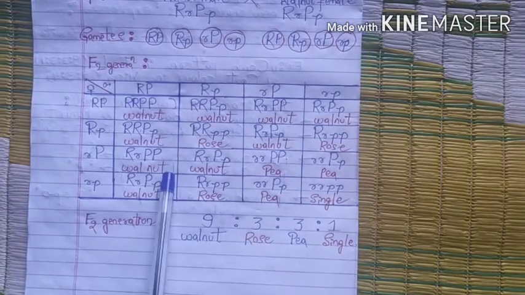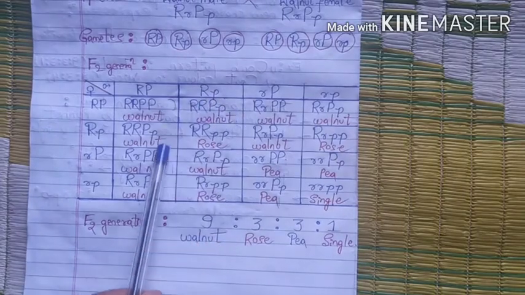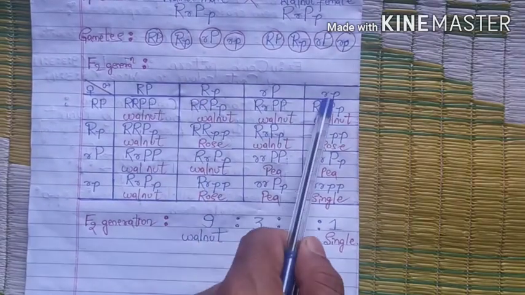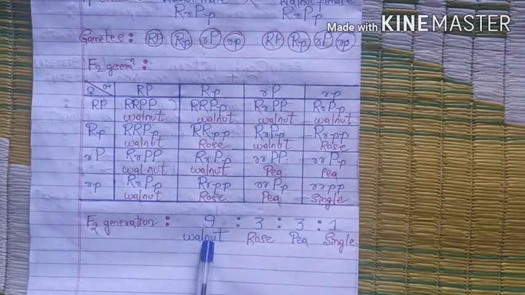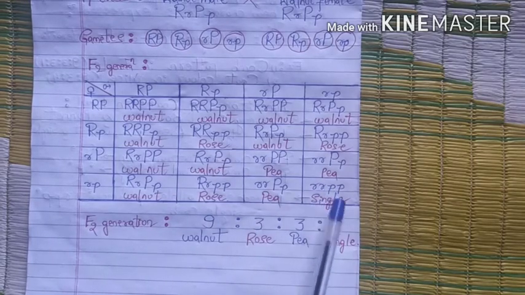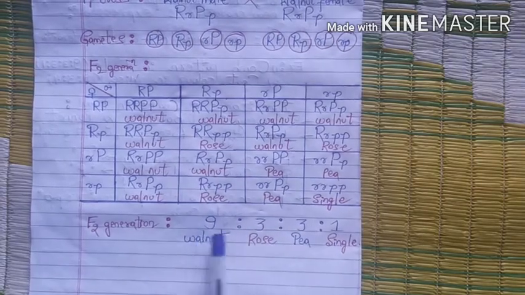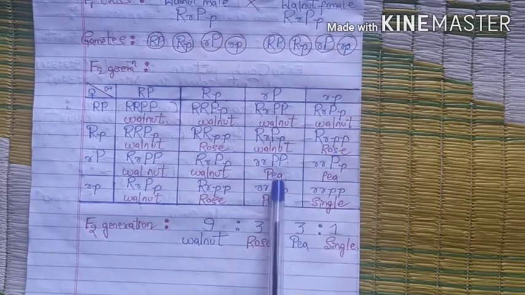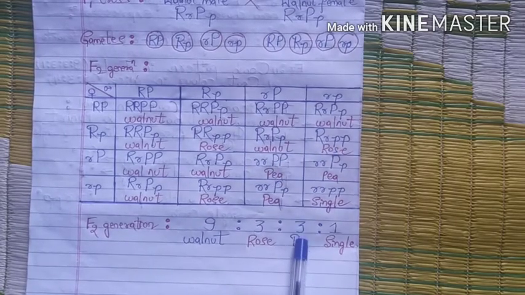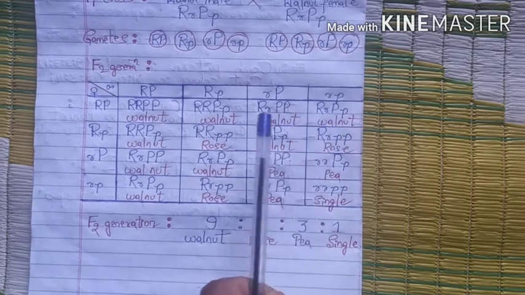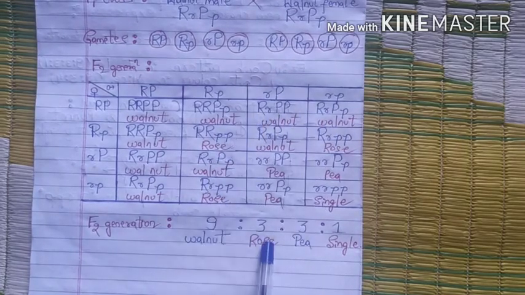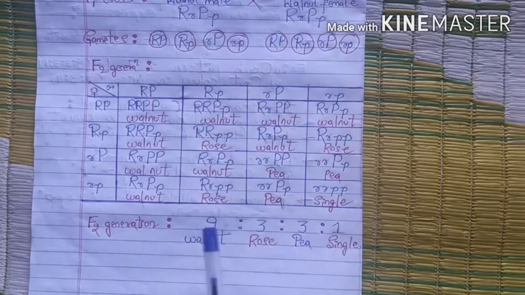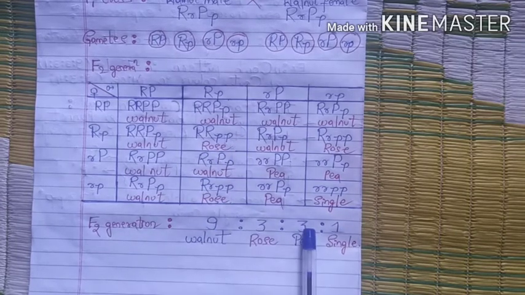If you count the walnut, you can see that in this way you get a right angle triangle having 9 walnut, and single is only 1. Pea, you can see 1, 2, 3. So 3 you will get. And rose, 1, 2, 3. So 3. So you can see that 9 is to 3 is to 3 is to 1.